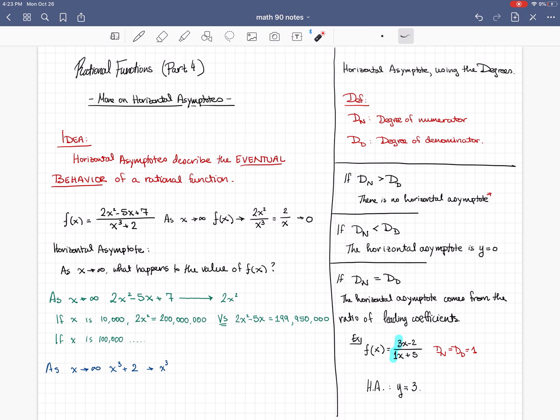Sometimes it may take longer, but the point is that the horizontal asymptote really only describes what happens down the line. It is not there for every single value of x. The function does not hover around it for every single value. What this means is that it is possible for a rational function to cross its horizontal asymptote, sometimes even more than once.